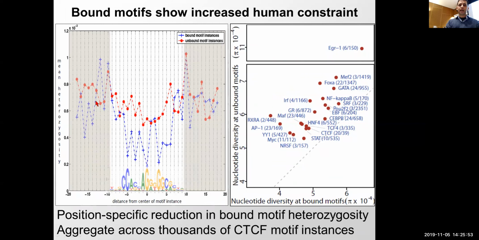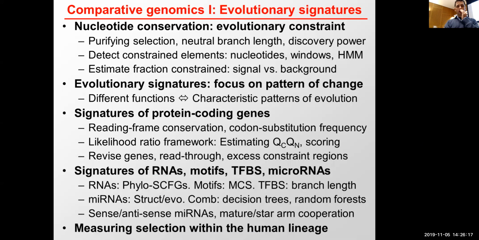If you add up all of the instances of the CTCF motif, for example, you see that the instances that are bound are in fact showing more constraint, specifically for the high information content positions, whereas the sequences that are not bound are showing less constraint. And we only get power because we have hundreds of these instances across the genome, so you can leverage all of that information jointly.